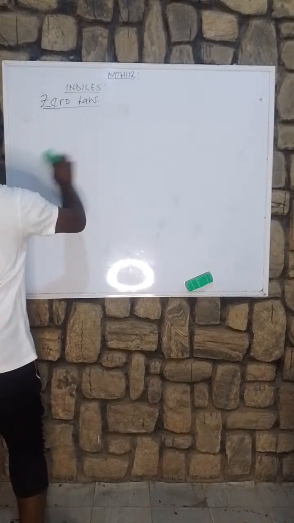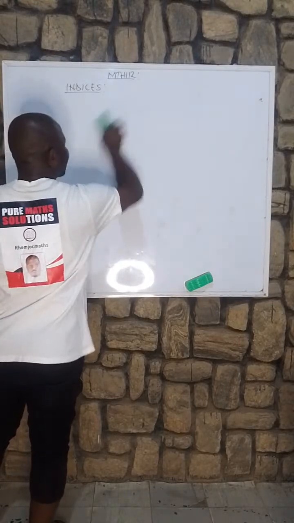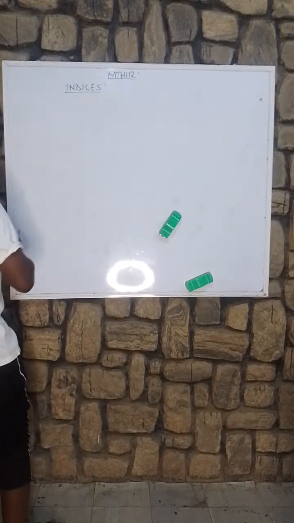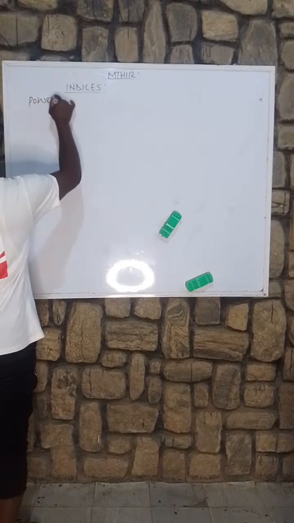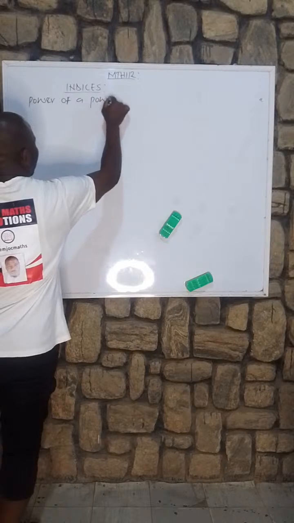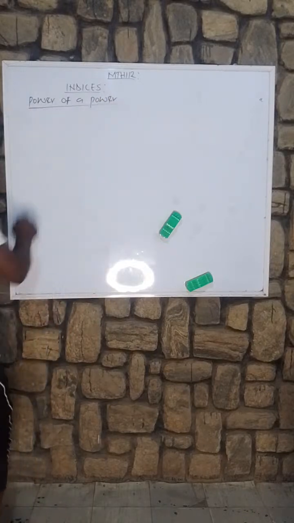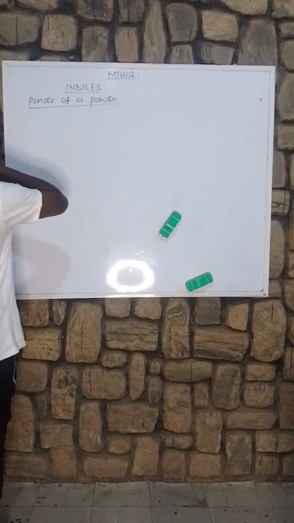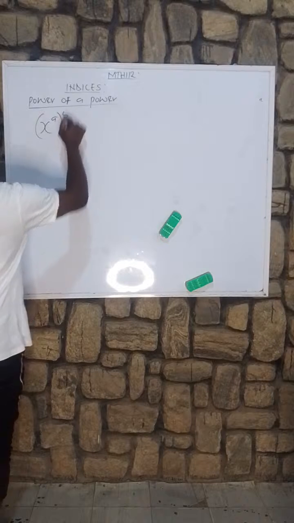Then, let us consider power of a power. It means if we have indices of this form, x raised to the power of a, close bracket, open bracket, raised to the power of b.